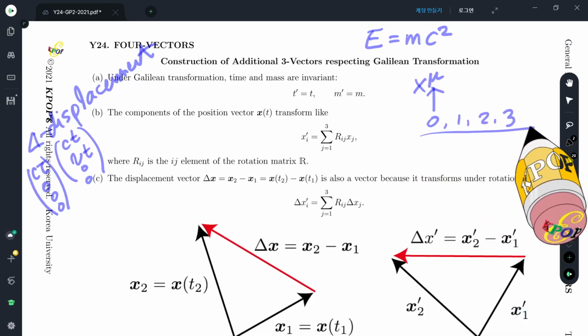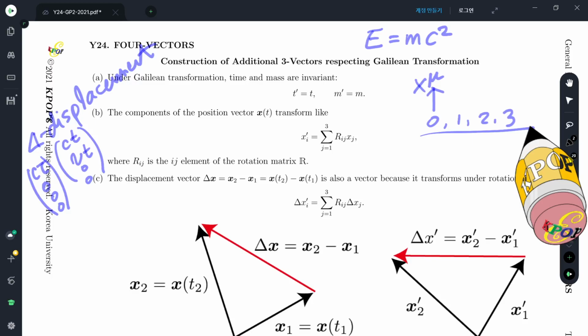Before we investigate the nature of the four vector, it is nice to look into the three vector structure under Galilean transformation, because it's almost a carbon copy of the theory, except that the scalar product is defined in a Minkowski space four vector.